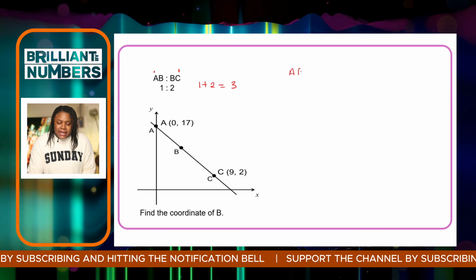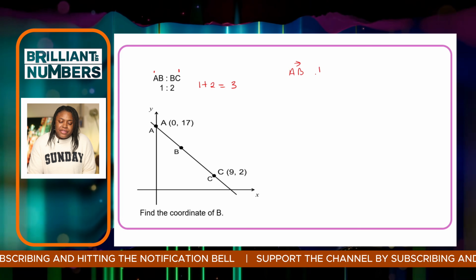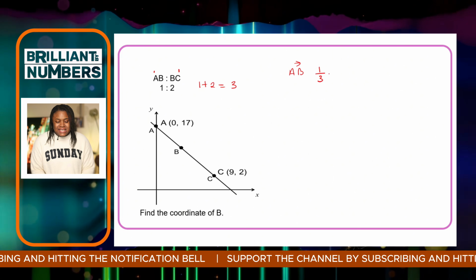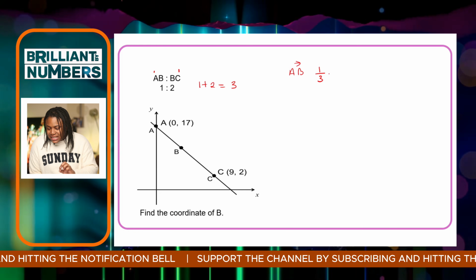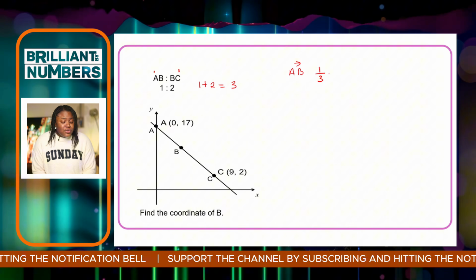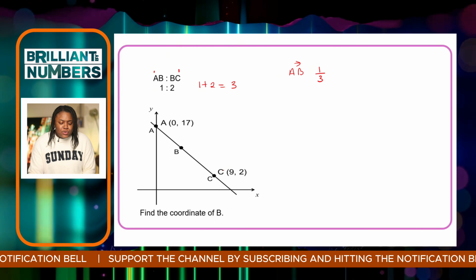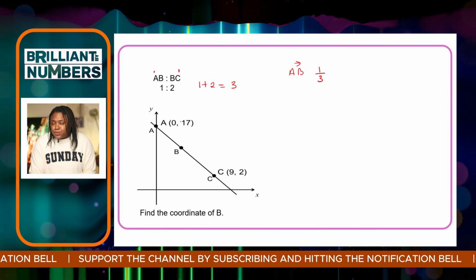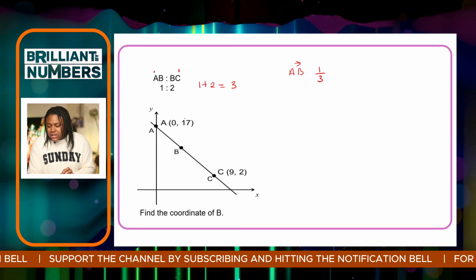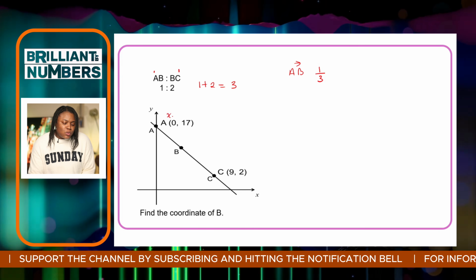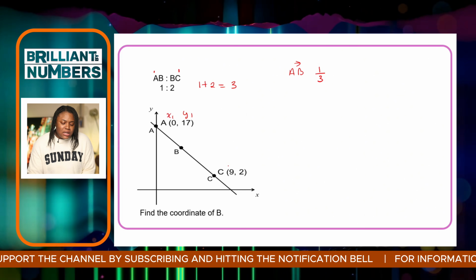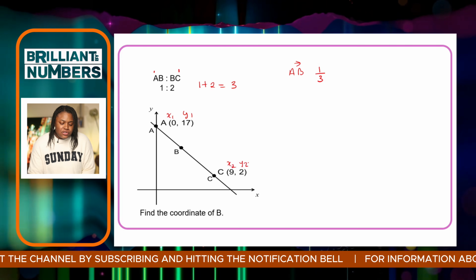So A to B then is going to be a third of the total distance of A to C. So the first thing I need to do is to work out how far is A from C. We can do that by subtracting the corresponding x and y coordinates. So let's label x1, y1, x2, y2.